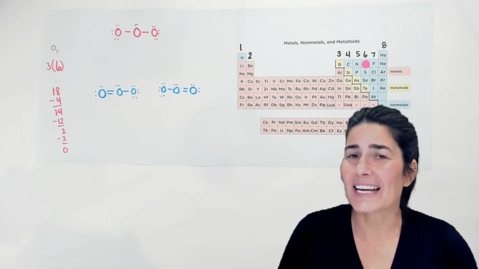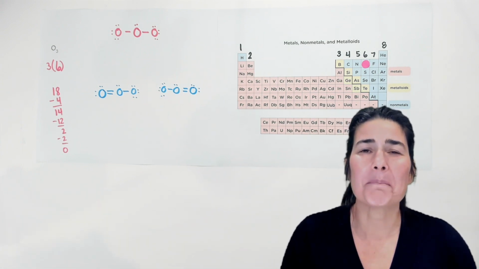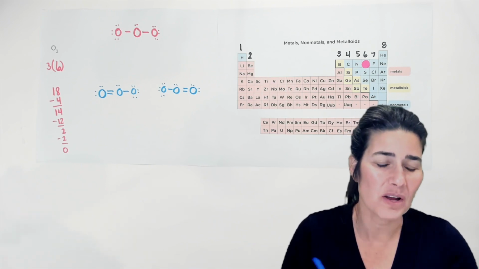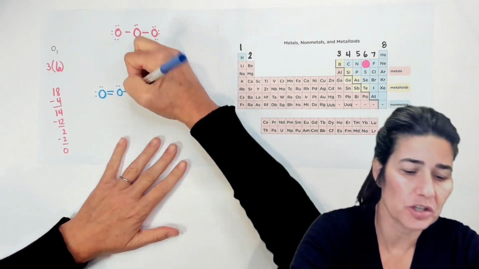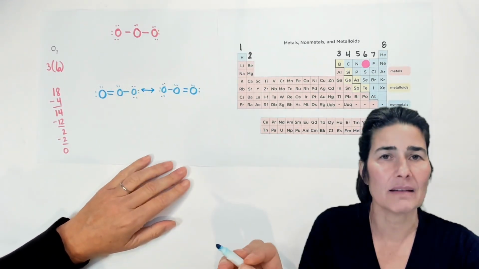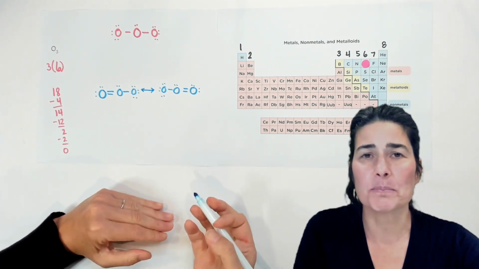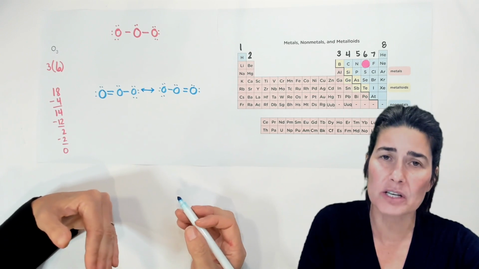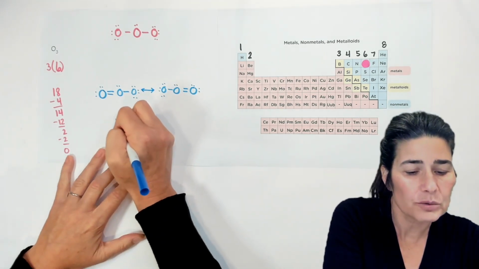We really need to draw both pictures. One of them is not complete on its own. We draw both pictures and we draw a double-headed arrow in between them.